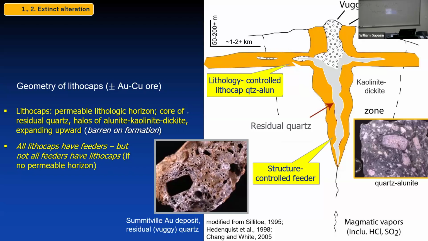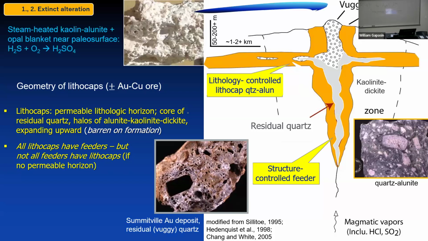The residual quartz from Summitville, quartz alunite halos, this monzonite, and you can see vuggy quartz after coarse and fine phenocrysts. And over the top, steam heated alteration due to H2S oxidizing above the groundwater table. So these are two environments, very distinct alteration styles.